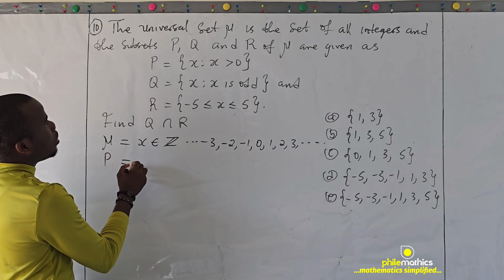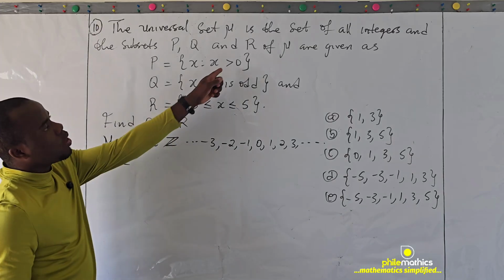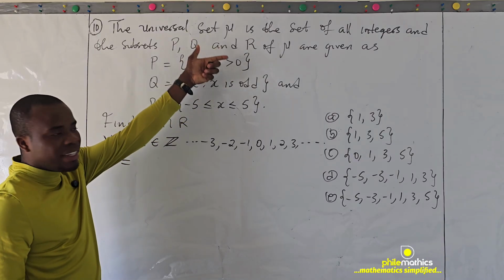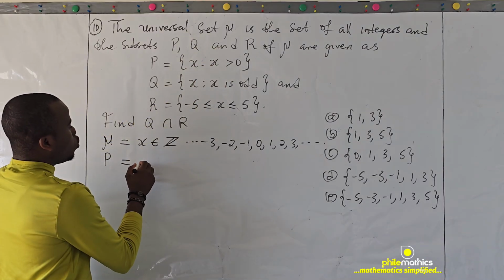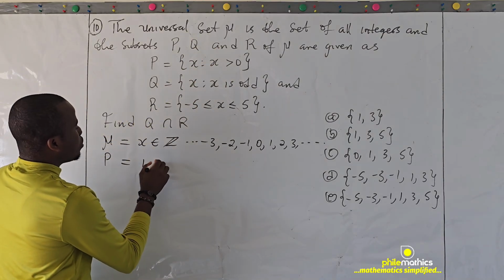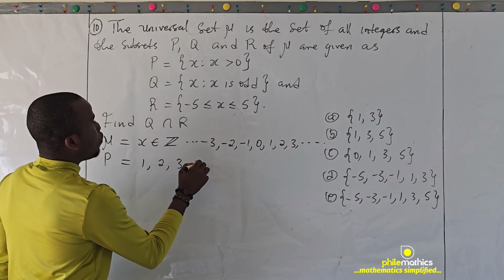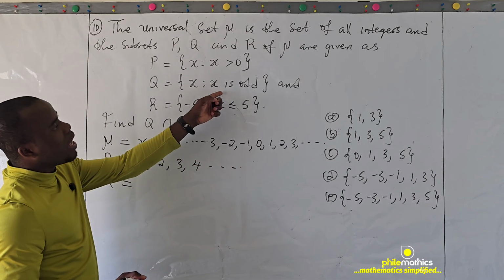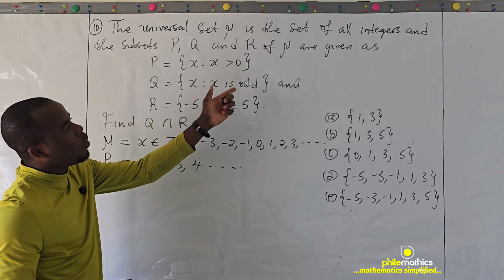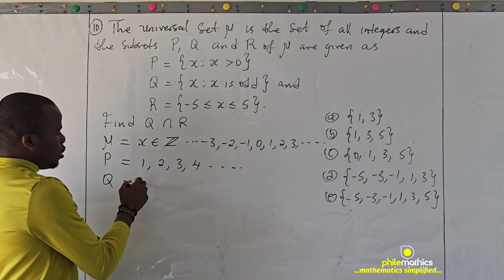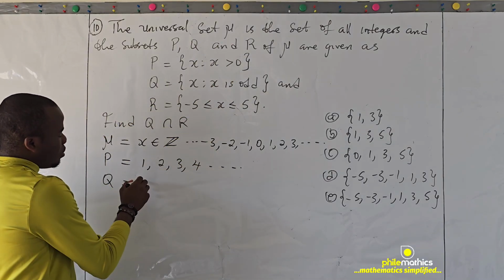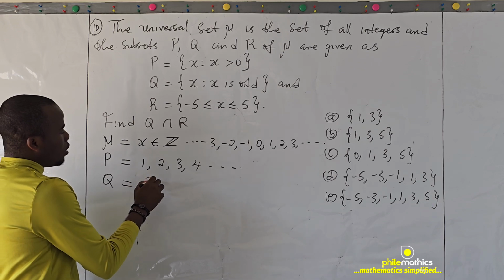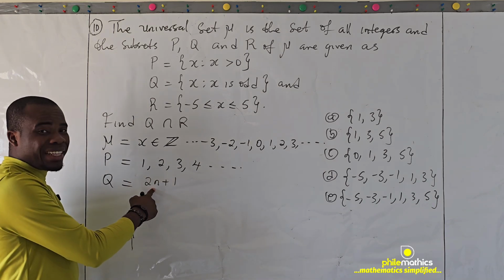P are those x so that they are greater than 0 and they are integers. So it will be 1, 2, 3, 4, and so on. Q are those x that are integers but are odd. Remember, odd numbers are defined as 2n plus 1, where n is an integer.